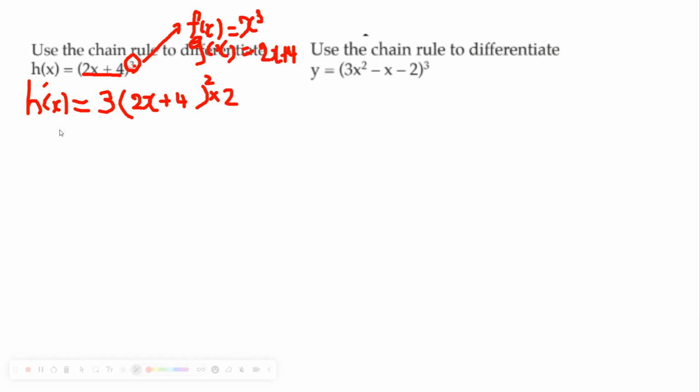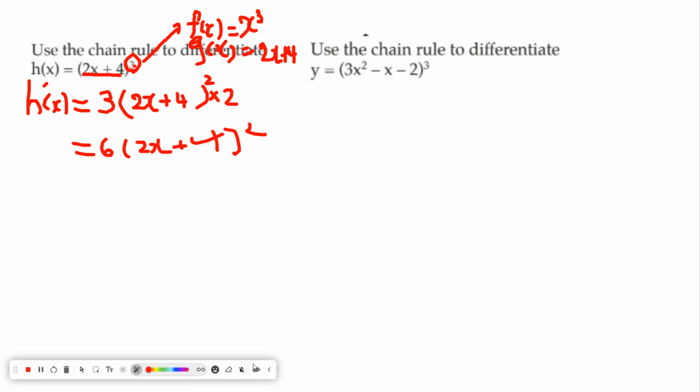Then 2 times 3 is 6, so 6 bracket 2x plus 4 to the power of 2 is the answer for this one.